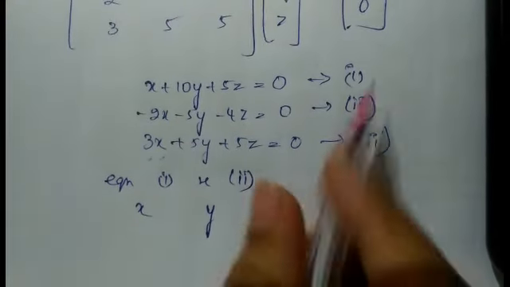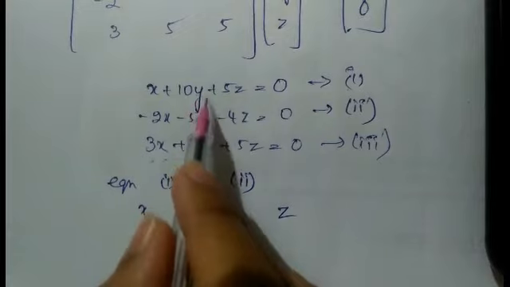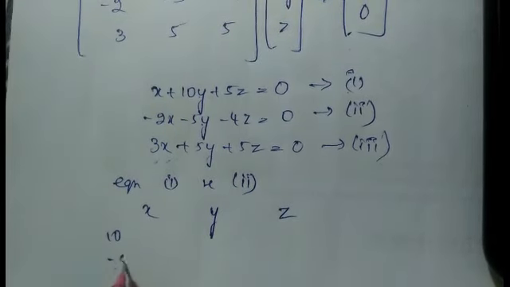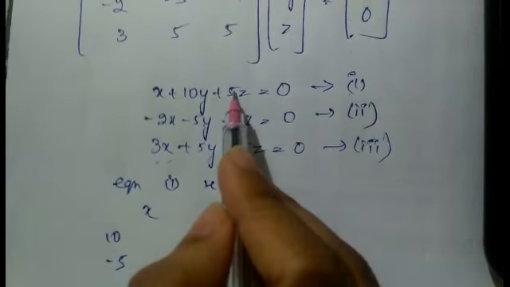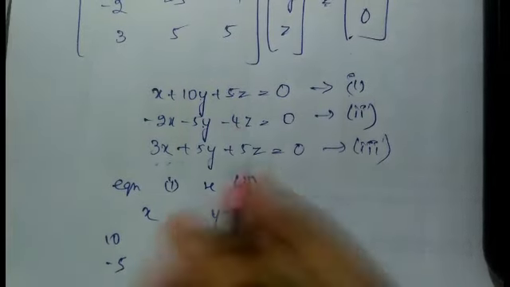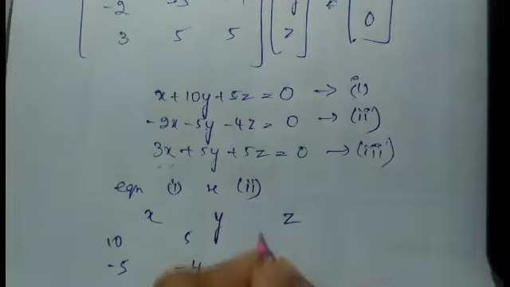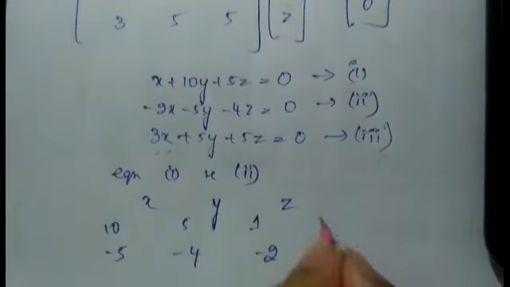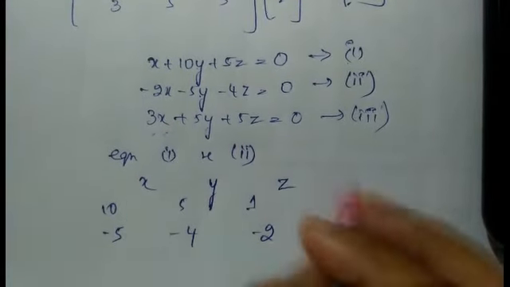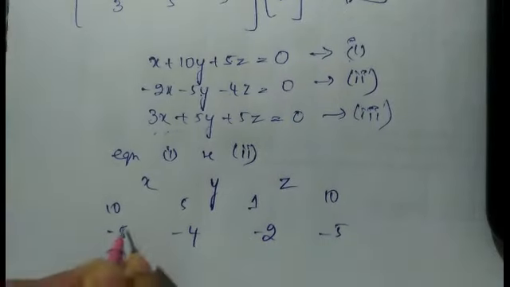From these equations, first write the coefficients of y as 10 and minus 5. Next write the coefficients of z as 5 and minus 4. Next write the coefficients of x, 1 and minus 2. Then at last write again the coefficients of y as 10 and minus 5.